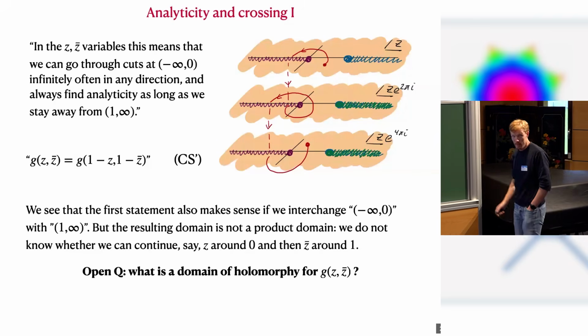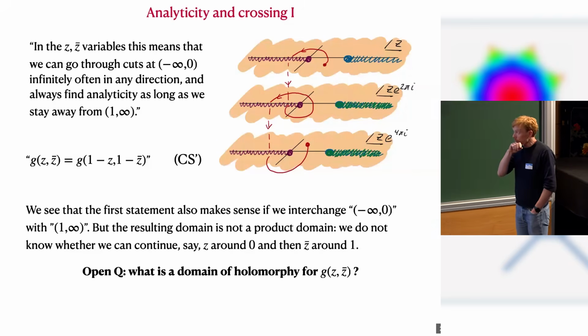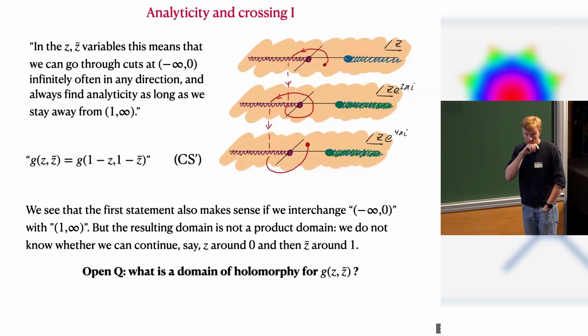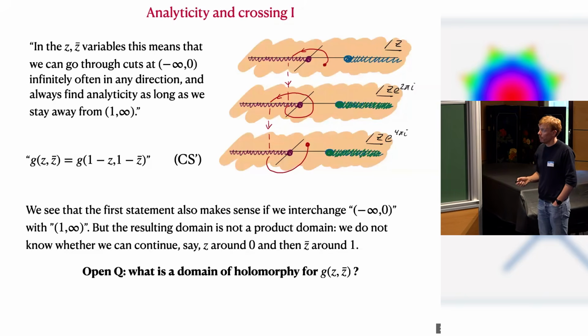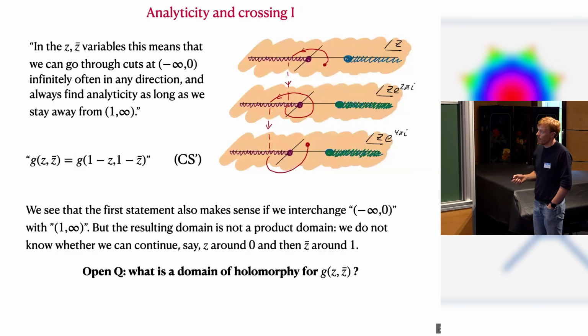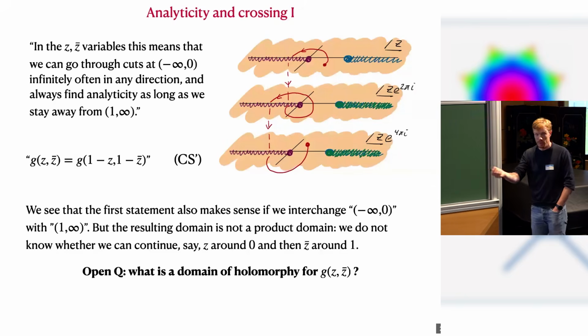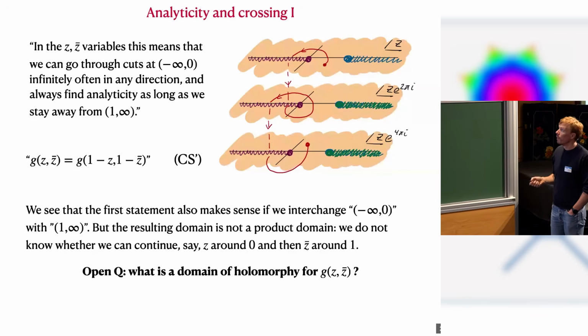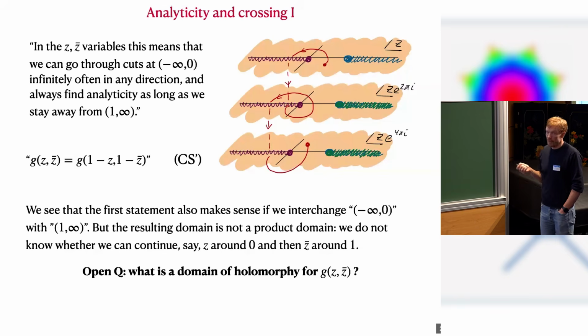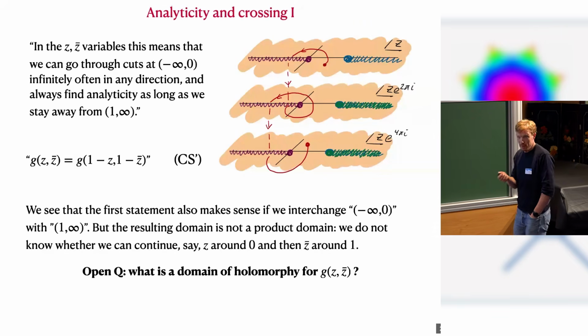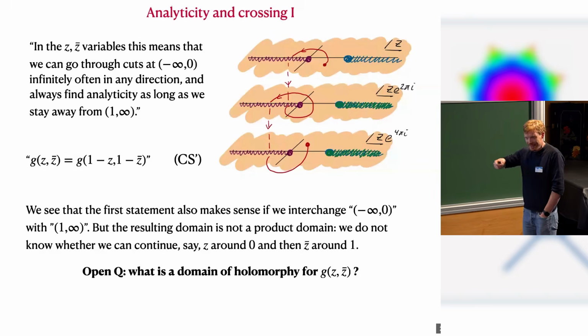But actually, I think we do not know the domain of holomorphy for these functions. This domain is not really a product domain, because once you send z around 0, for example, so you go onto the second z sheet, then the z bar variable is constrained to lie in the unit disk. You cannot send z bar around 1 at the same time because those use two different decompositions.